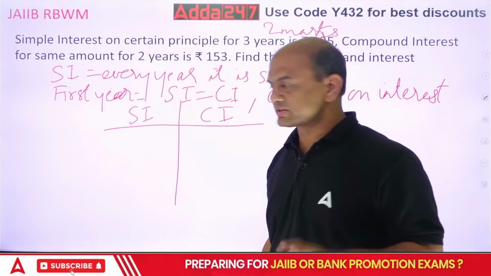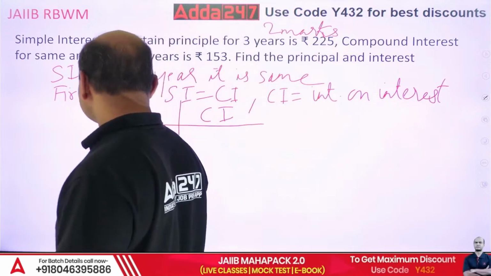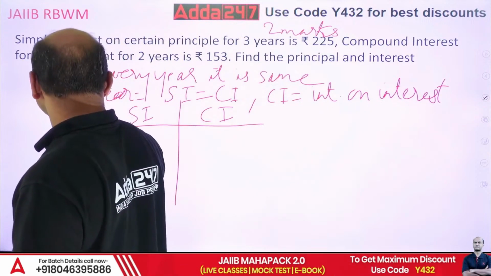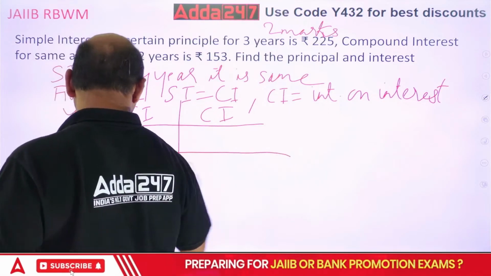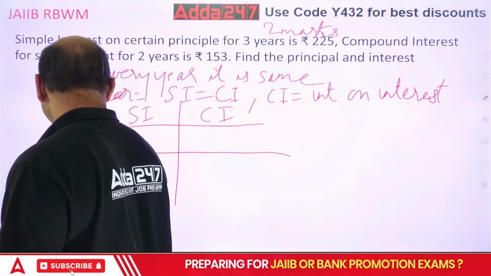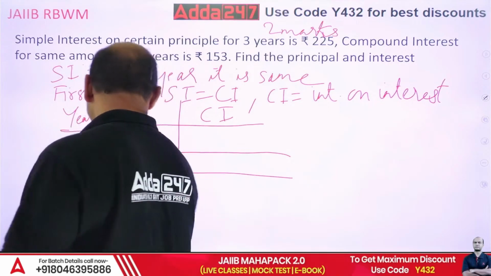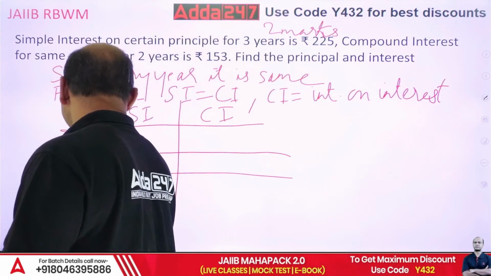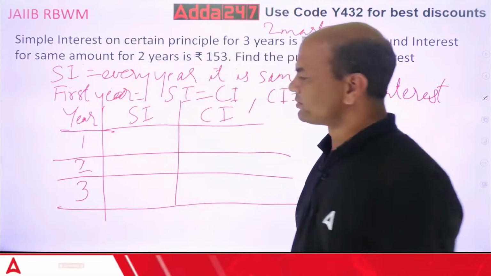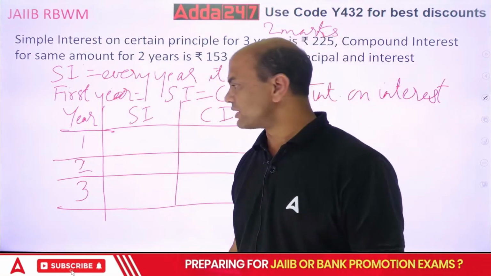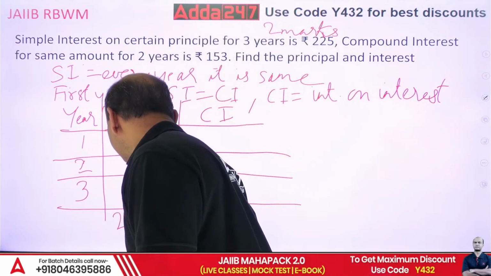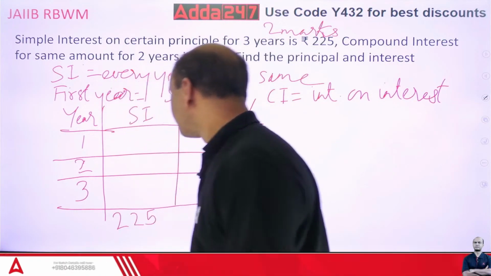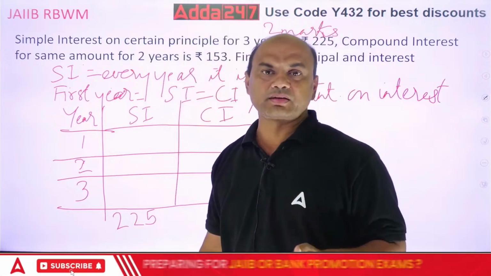So we'll write it here also: Year 1, 2, 3. Total simple interest for 3 years is 225.